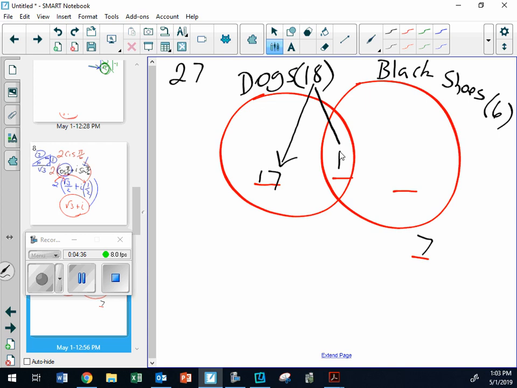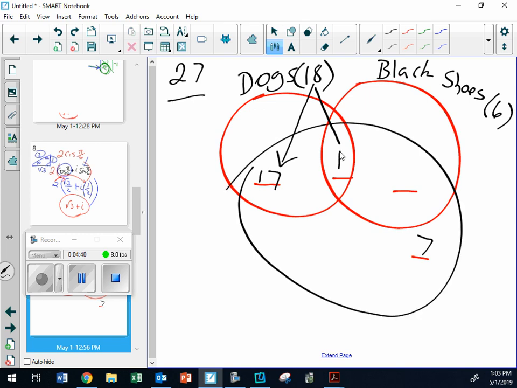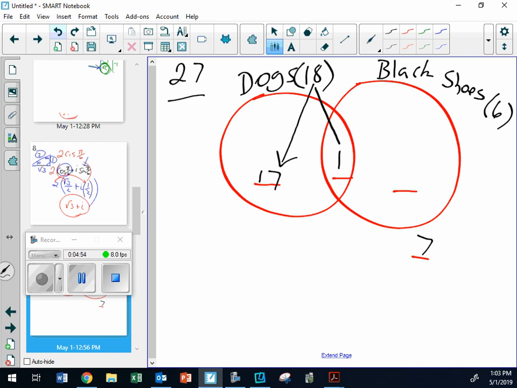And since there's a total of 27, you could look at those and say, okay, how much is left for black shoes? That's a way to do it. But then that can't work because black shoes is supposed to be 6. Or another way to say it is, if this has to be 1, then these together must make 6, so that must be 5.